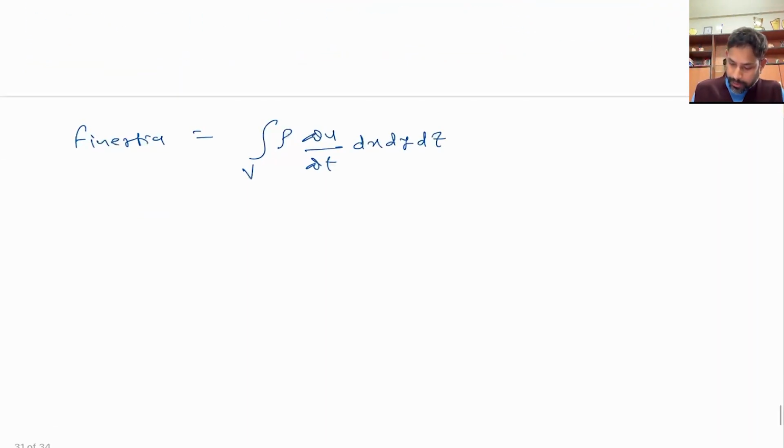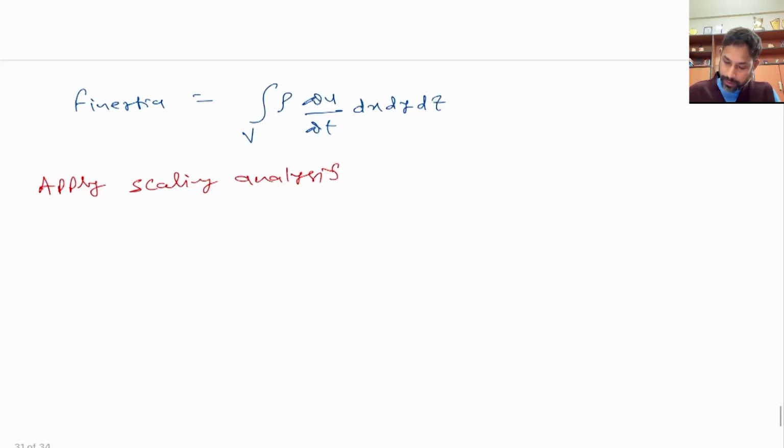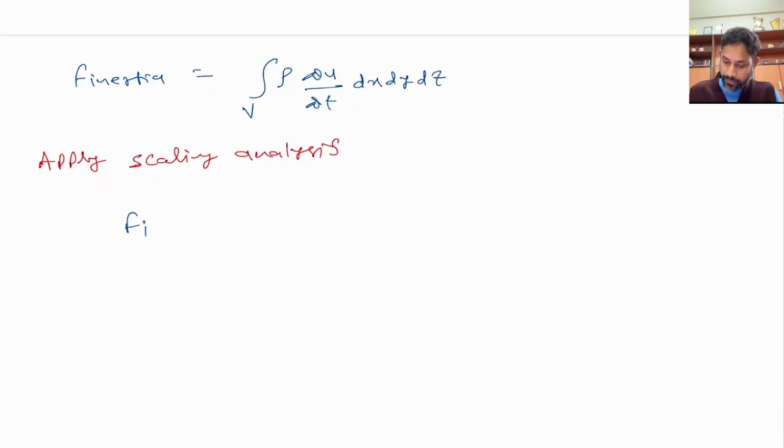So that will give us the total inertia force that is there in the gravity current, right? And now by applying a scaling analysis, we can write that Fi, which is simply the inertia force, is proportional to rho u over t, and dx will be equal to xn, y will be w, and z will be equal to h.